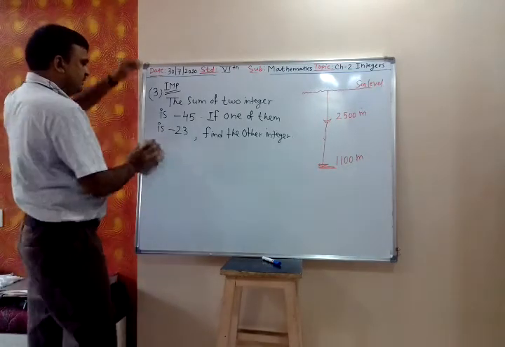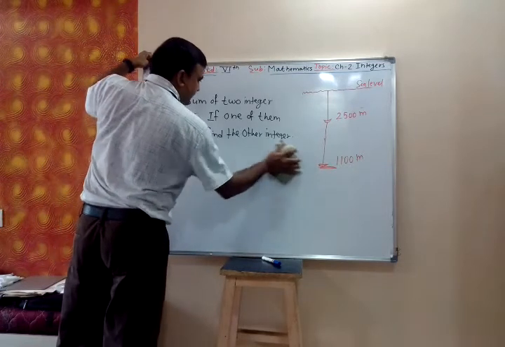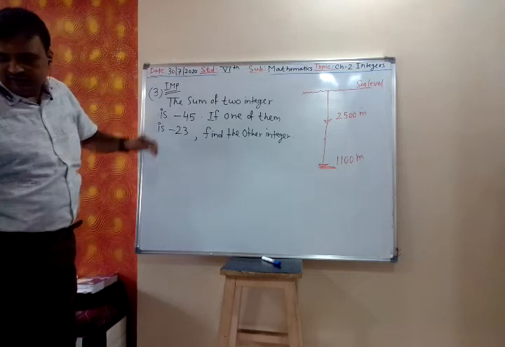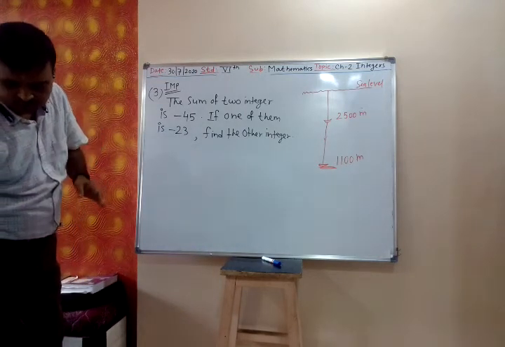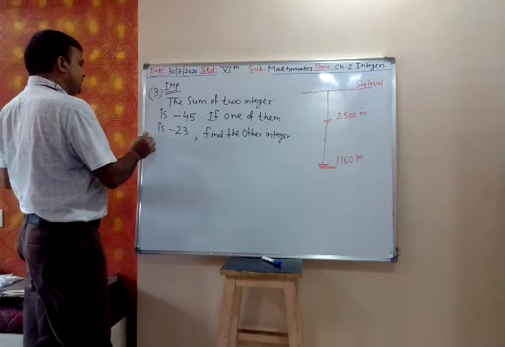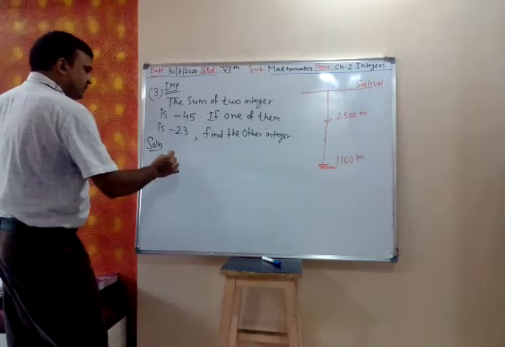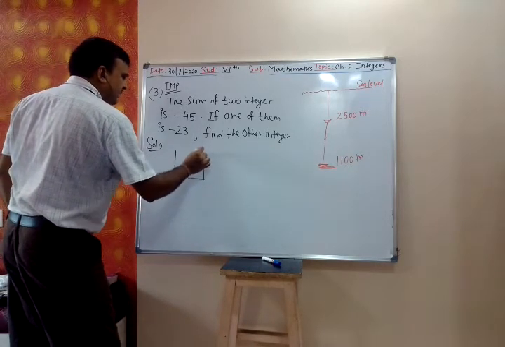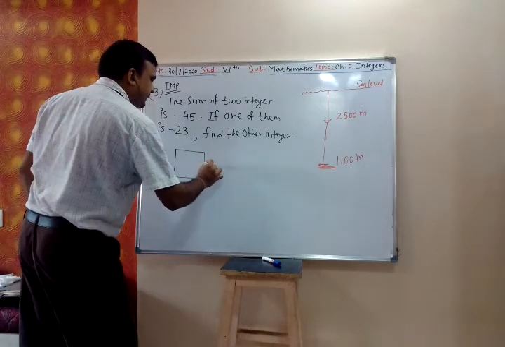Right. The sum of two integers is minus 45. If one of them is minus 23, find the other. Now this is a very important problem we have to understand. Sum of two integers, we write this in the box. We take two integers. Sum means we write plus.